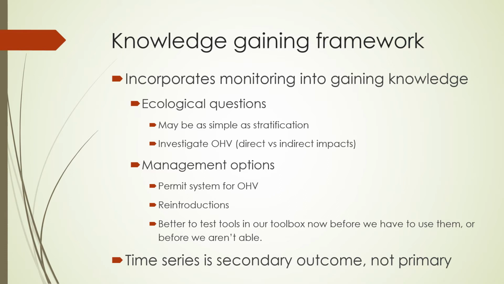And probably a good example of this all kind of rolled together into one program is the system of monitoring duck breeding populations and duck harvest over time by the U.S. Fish and Wildlife Service and the Canadian Wildlife Service, where again they have explicit hypotheses about what might influence duck numbers. They're monitoring those covariates like number of ponds, water, rainfall, and that sort of thing. And they're also closely monitoring harvest to see how those all fit together to influence duck populations over time.